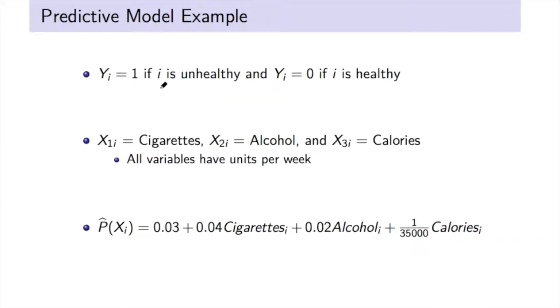So now I'm being a little bit more formal and introducing indexes. So we have our outcome y. yi is equal to 1 if i is unhealthy. Okay, so now we're looking at a healthcare example. So first let me just tell you what this i is. The i stands for individual.